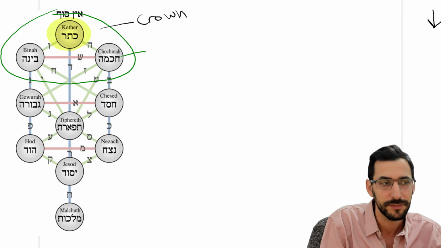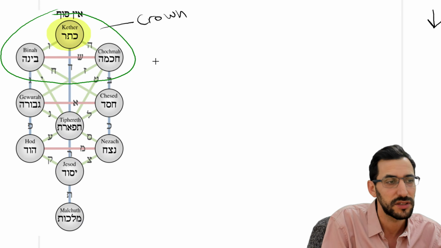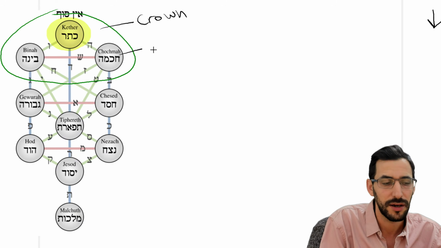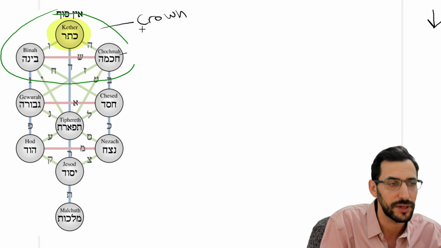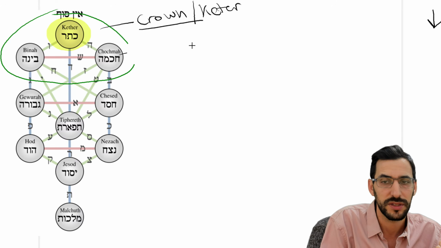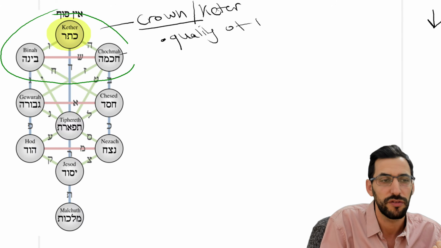Now, Hochma, what it literally means, maybe I'll write down here what crown is as well, just so we have some clarification. So Keter, we said, is the quality of the Creator.